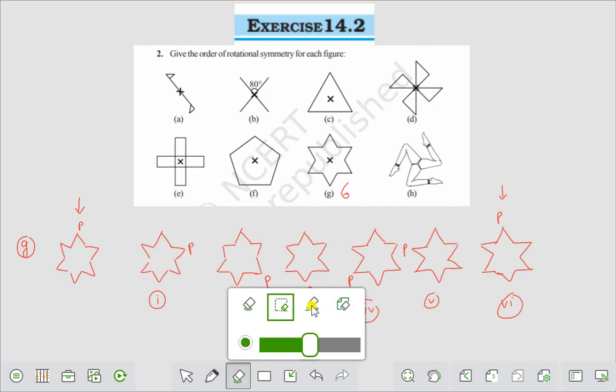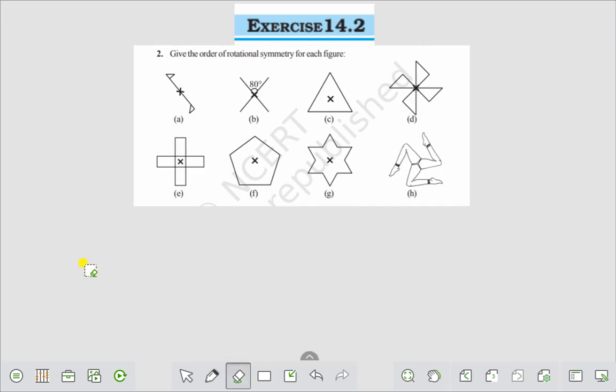Now question number H, you see here. Let us draw question number H. Question number H is like this. Let us draw a rough figure like this. This is a rough figure.